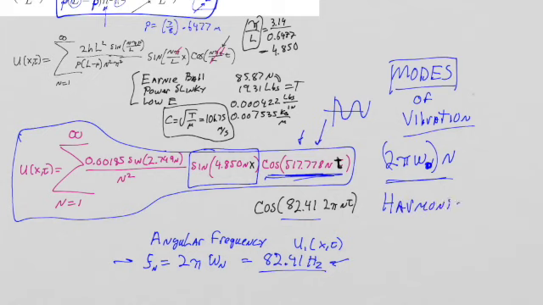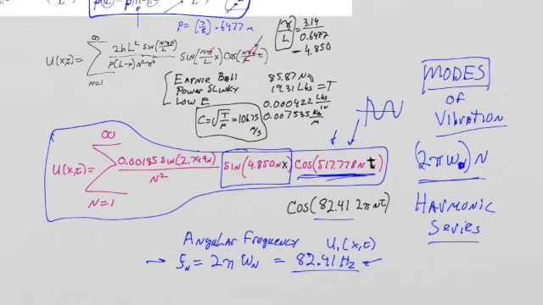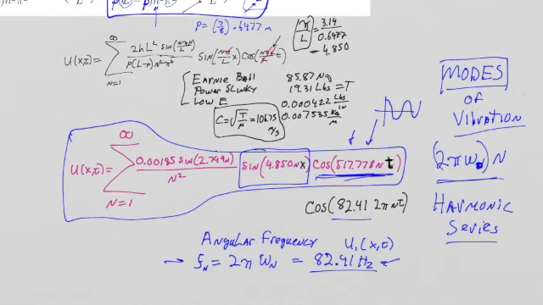This is the origin of the harmonic series. Each mode of vibration has a unique frequency, and that unique frequency is some multiple of 82.41 hertz, right?